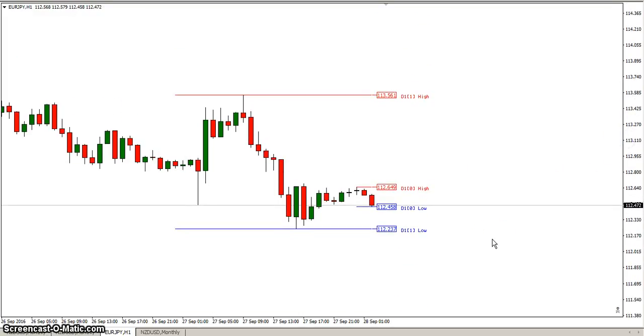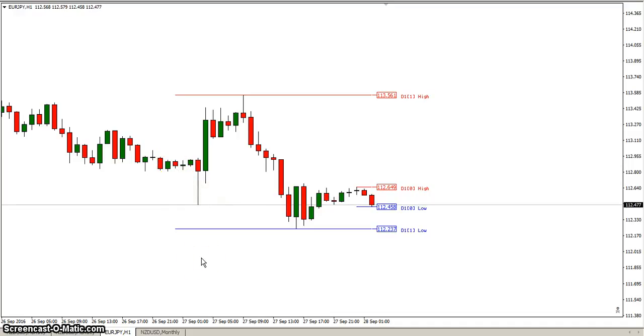So you can see we've got it for D1 0, which is today. So here's today's high, here's today's low. And then we also have it for D1 1 bar ago, which is yesterday or the previous session. It stops right at yesterday, the 00, beginning of the day.